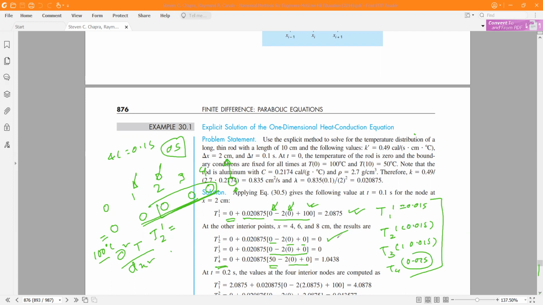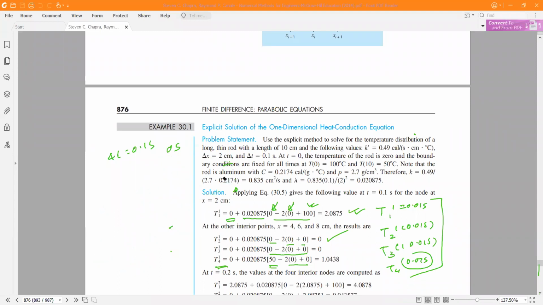So your first calculation is completed. Now, if you want to go for your second time, you advance in time, and your index L will change. In this calculation, your index was 0 and 1. In the next calculation, it will be 2 and 1.